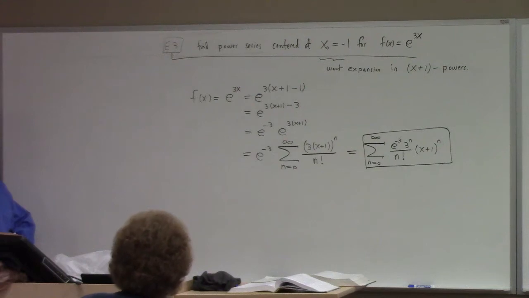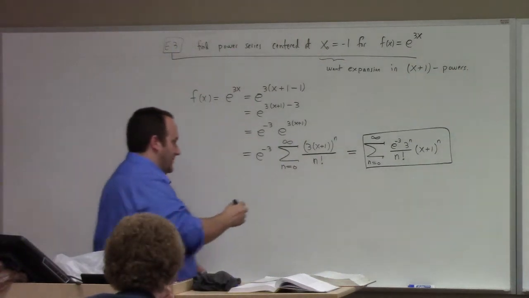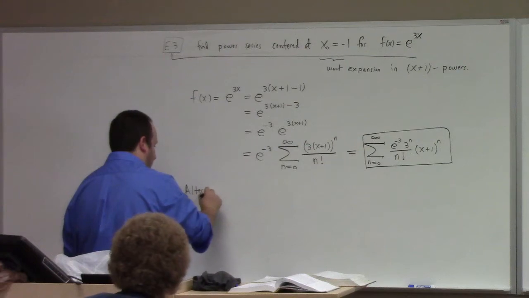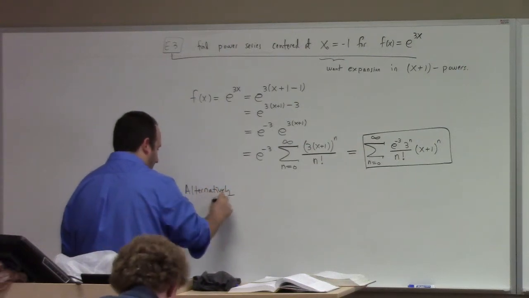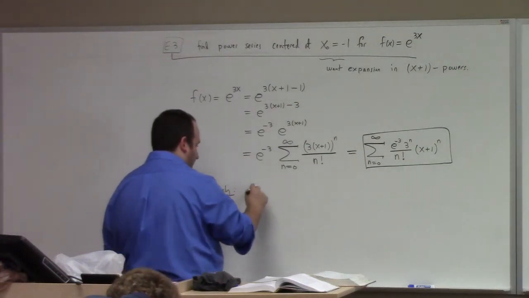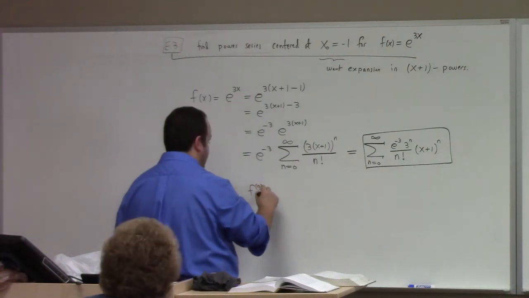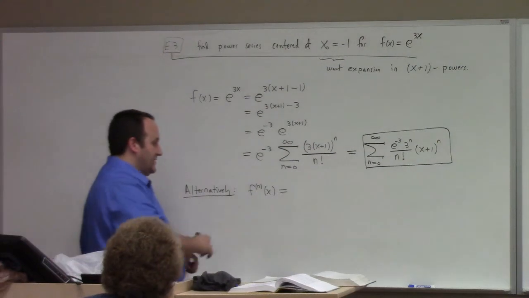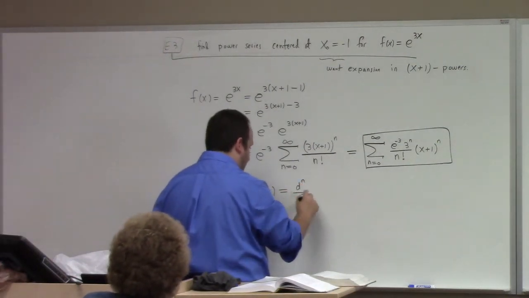Now, you could have constructed that with the Taylor polynomial, like direct Taylor series, much the same, right? Alternatively, an alternative method, and maybe you guys like this more, I don't know, it's up to you. What's the nth derivative of e to the 3x? What if you differentiate n-fold times e to the 3x?